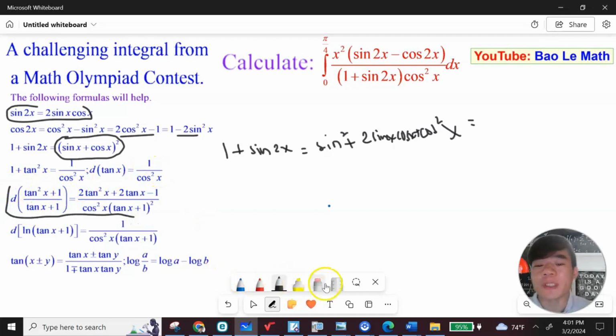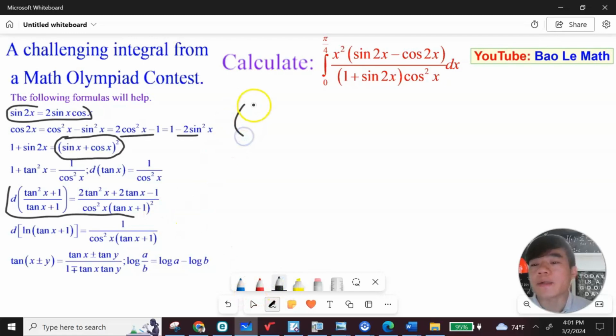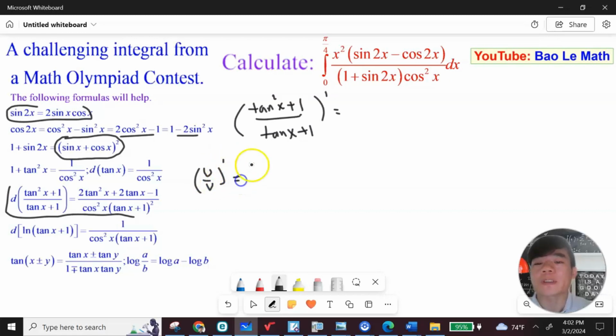So I need to prove this formula. I need to take the derivative of (tangent square of x plus 1) over (tangent of x plus 1). For the quotient rule, the derivative of u over v equals (u prime v minus v prime u) over v square.